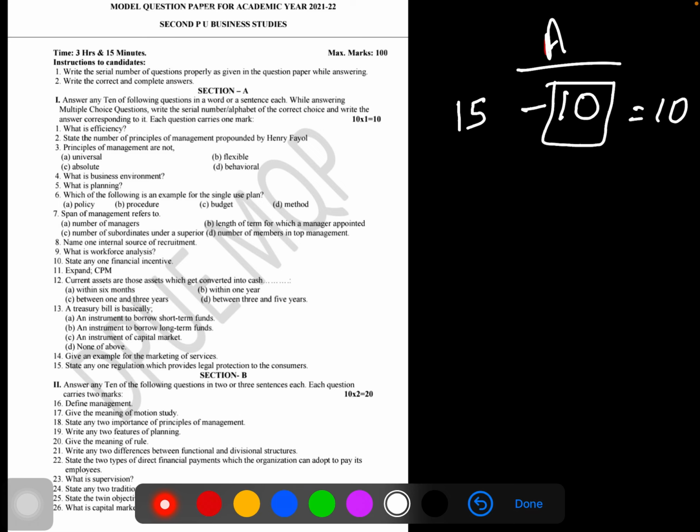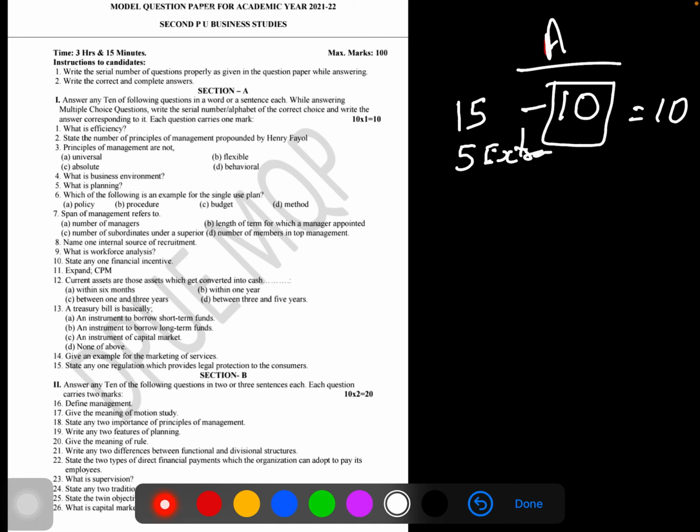So as I told you, you have 5 extra questions in this section. Out of 15, you have to answer only 10. So from 1 mark questions, you can get 10 marks.